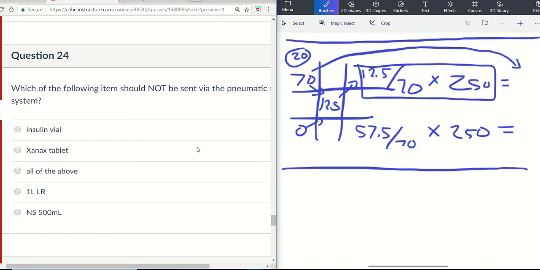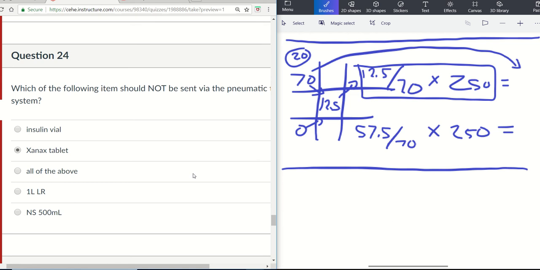24. Which of the following items should not be sent via pneumatic tubing system? It's a tablet? Which tablet? The Xanax tablet? Why not? Because it's a tablet? No, it's controlled. Tablets are stable. I was thinking about the tube system with liquids, like you can't put a tablet through a tube.